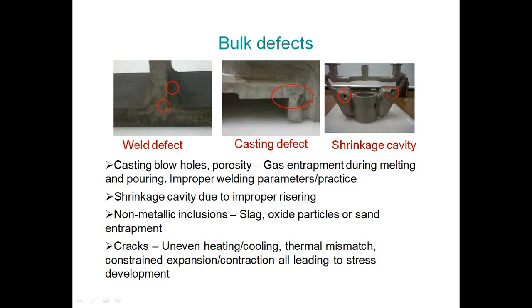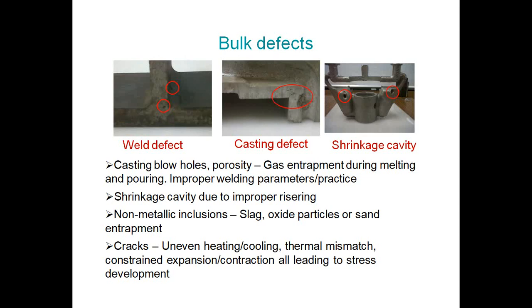When we do welding, we get this kind of defect, and also during casting and shrinkage, we get these three-dimensional defects. Casting blowholes, porosity, the gas entrapment during the melting and pouring.